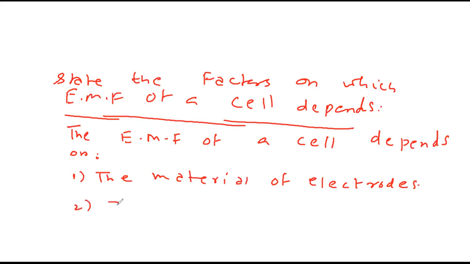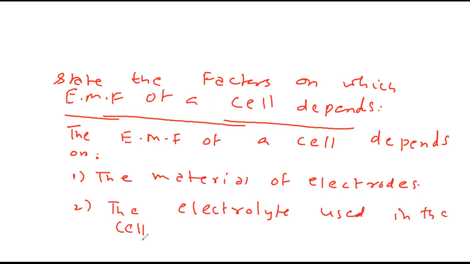Second, the electrolyte used in the cell. The meaning of this: if the material of electrodes gets ionized fast, that means it releases the electron fast, it will be more positively charged.